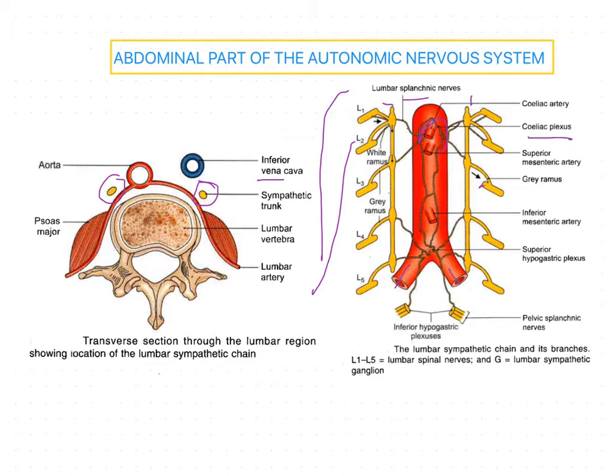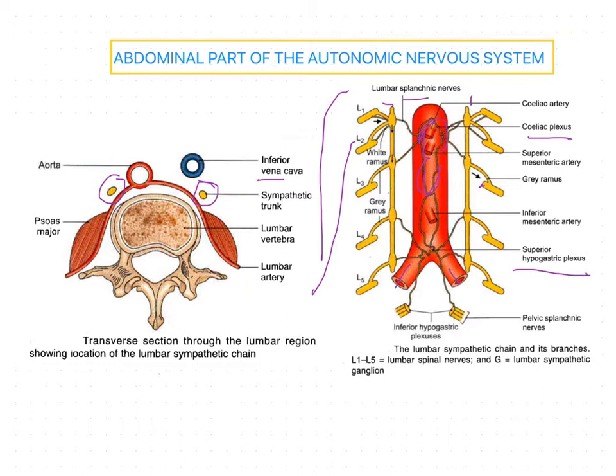Okay, these two form the celiac plexus, and the remaining two, not only the celiac plexus, the upper 2 also form the aortic plexus. Now commonly it is present in between the celiac plexus and superior hypogastric plexus. So here you can find the superior hypogastric plexus.